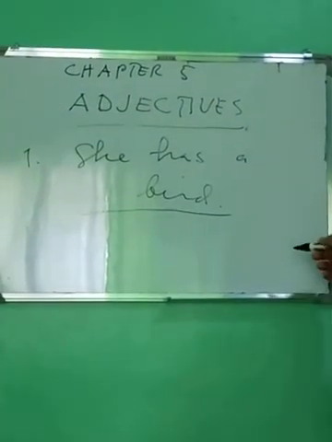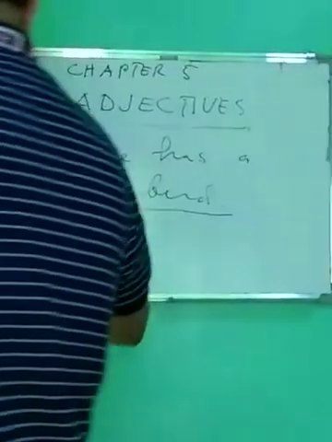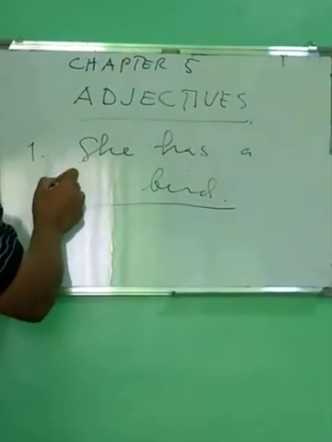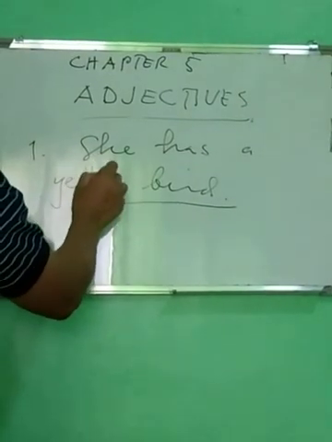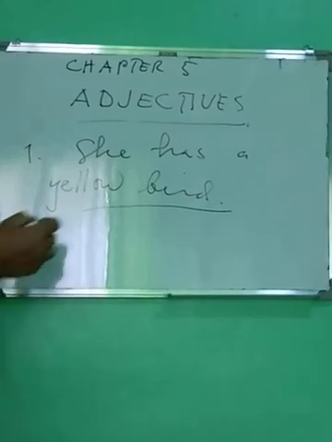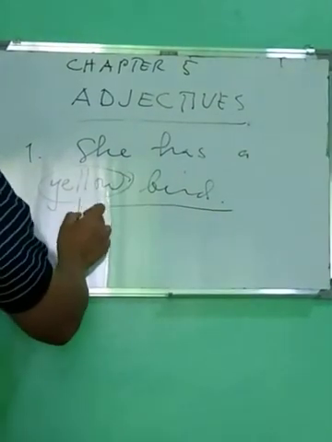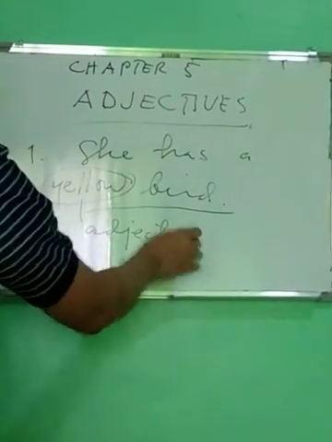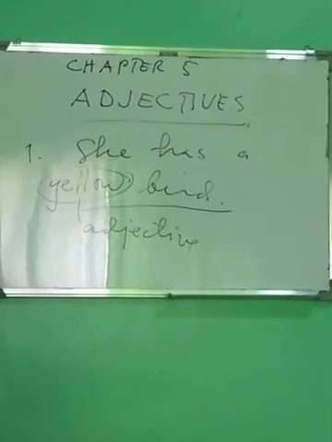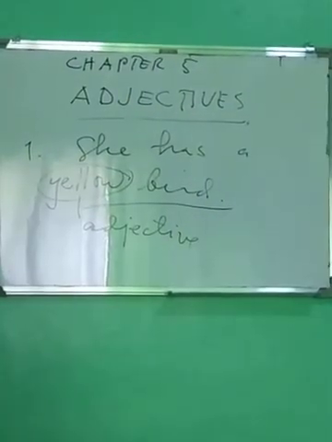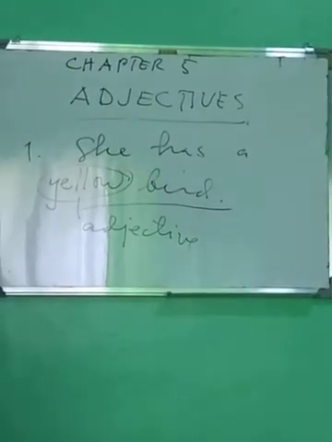How come she has a bird? But if you put an adjective, say for instance yellow bird, then it becomes clearer. Yellow here would be an adjective. The fact that you have inserted the word yellow means that you are describing the noun that follows. The noun is bird. This is a noun.